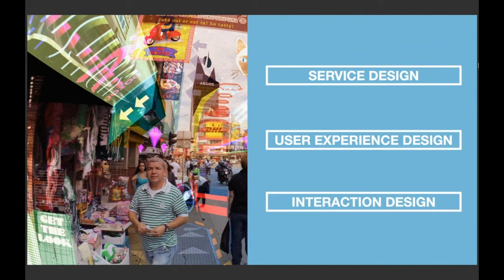The next level is user experience design. For that, we would be looking at a specific part of the service. I like to use the example of self-checkouts at the grocery store.